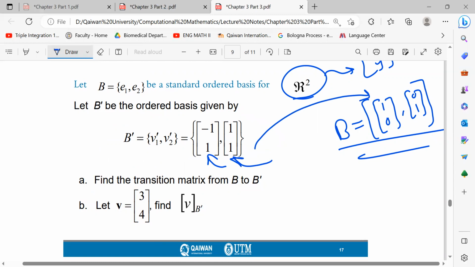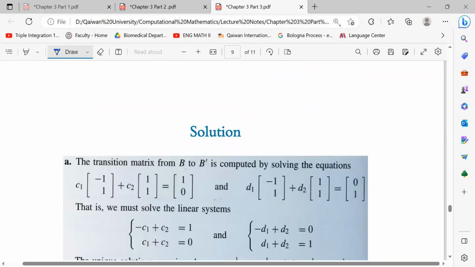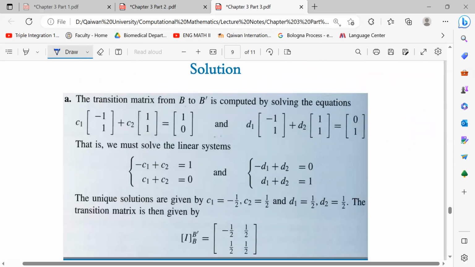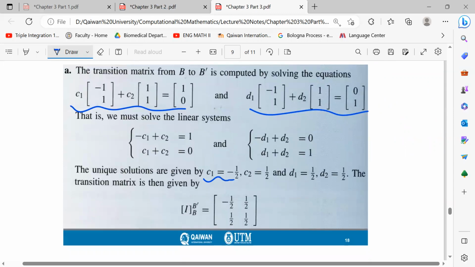Okay? Then we get another linear combination. D1 times this, plus D2 times this equals the second. From these two linear combinations, we get values for D1, D2, C1, C2. As you see, that's it. And we get the values: C1 is negative a half, C2 is a half, D1 is a half, D2 is a half.